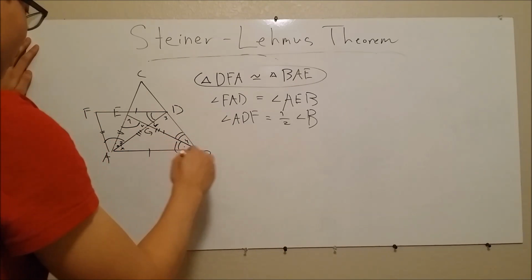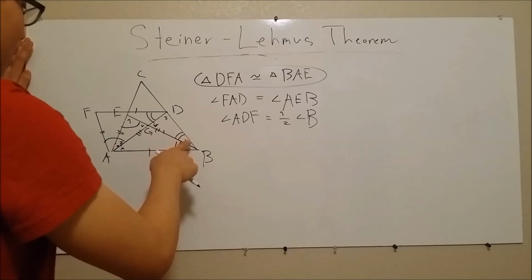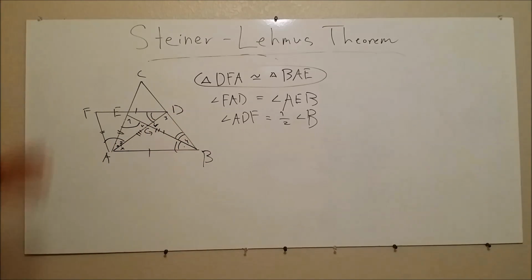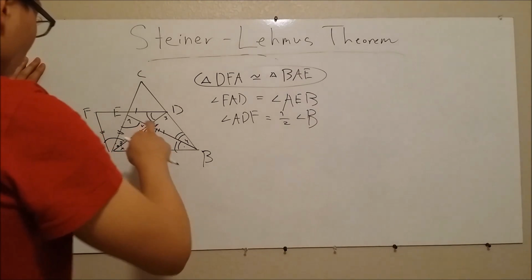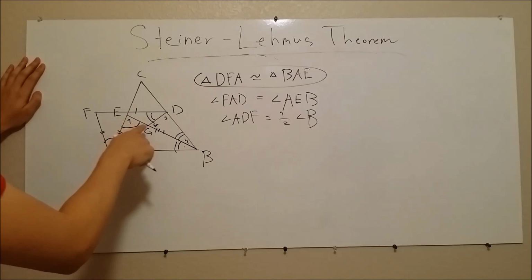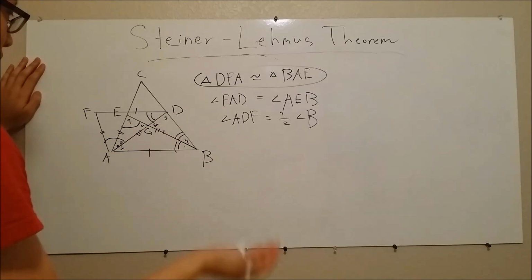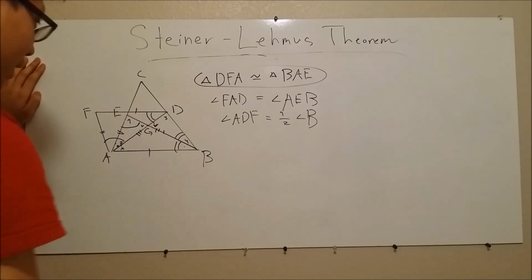And we also know that the angles of a triangle add up to 180 degrees. So we have that 1 plus 2 plus V is equal to 180, and 3 plus 4 plus V is also equal to 180.